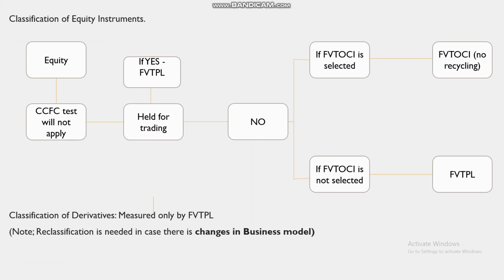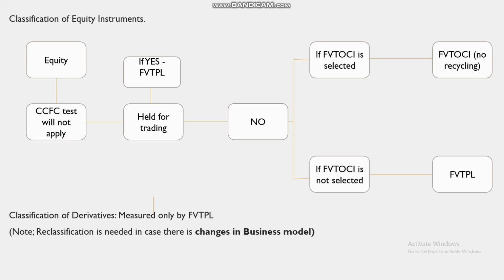The classification of the equity instrument is a bit simpler than the debt instrument. For equity, the contractual cash flow characteristics test will not apply. If we are holding that equity for trading, then we are going to treat it at fair value through profit and loss account. If we are not holding it for trading, then we have two options. If fair value through other comprehensive income is selected, obviously it is fair value through other comprehensive income measurement with no recycling.